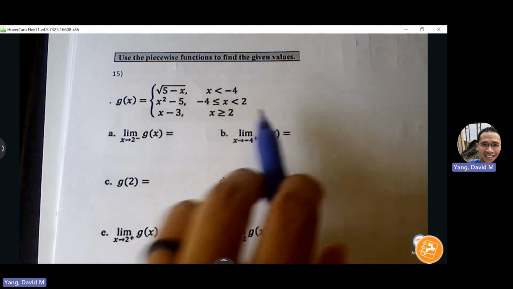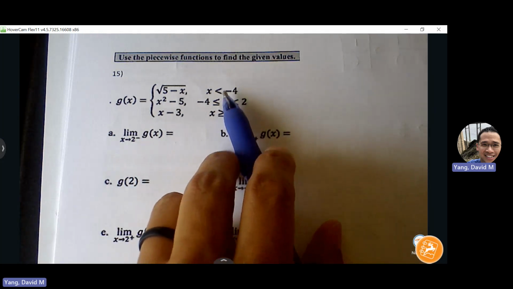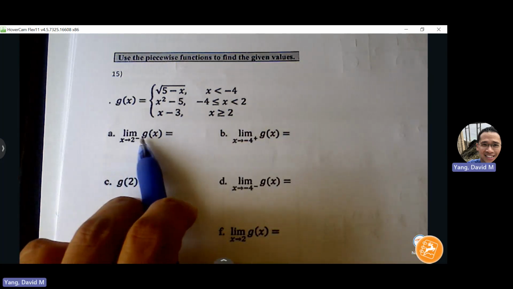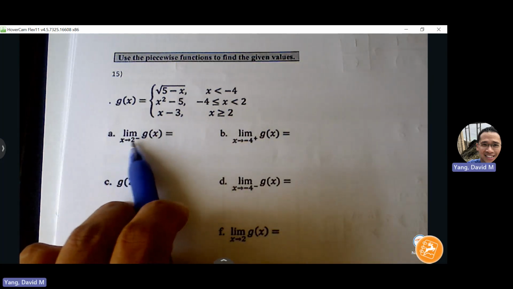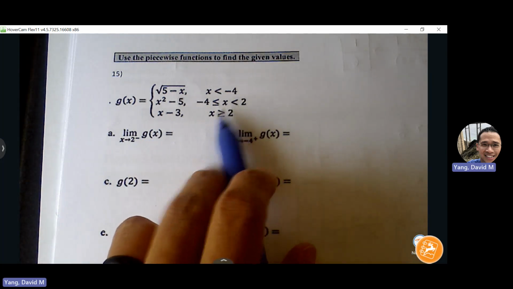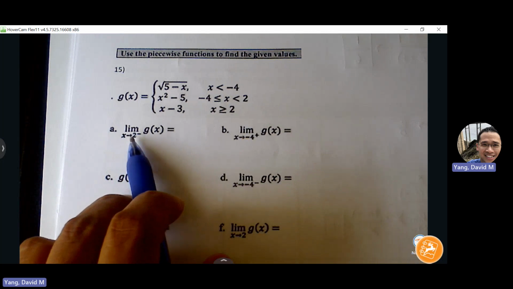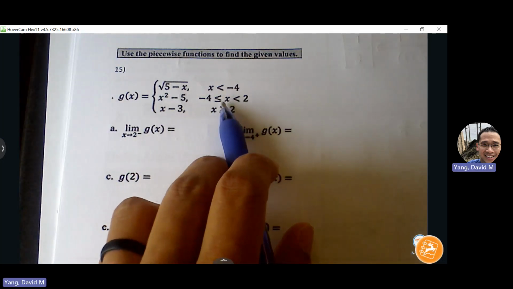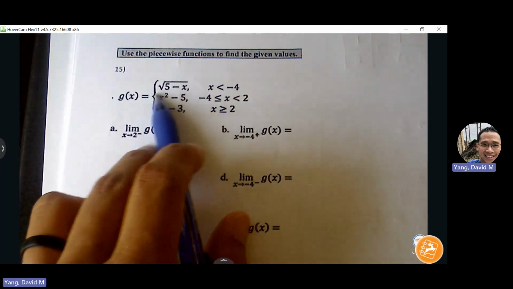So that means we want to identify which piecewise function is living to the left of 2, moving towards 2, and we want to use that. Right. So which piecewise function can we use then for the second one, right? Because -2 to the left of 2, that's like, imagine like 1.9, right? Where's 1.9 going to live? 1.9 is going to live in this interval. So we can evaluate the limit here.